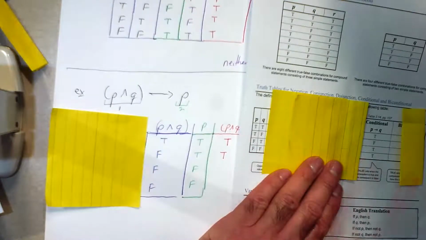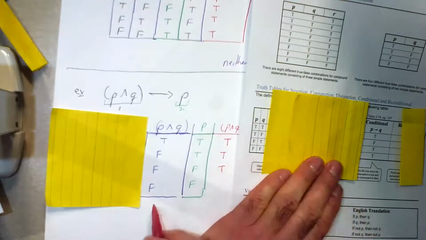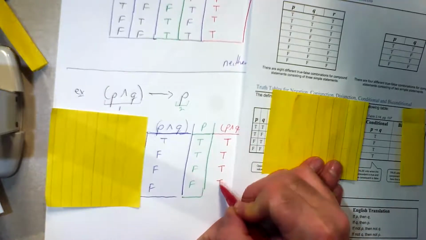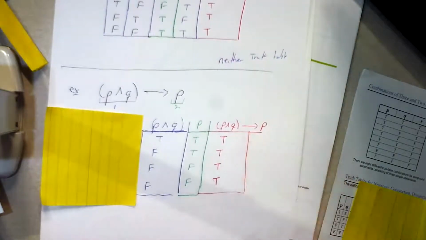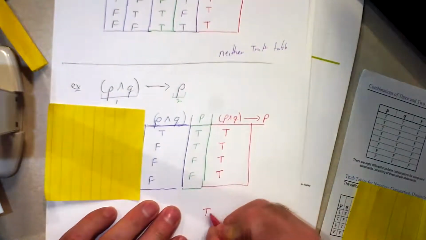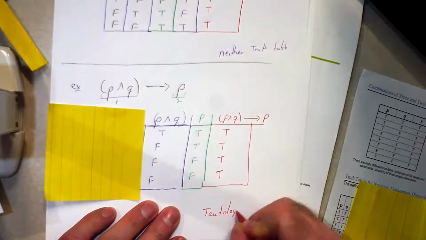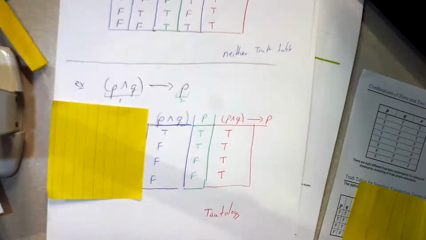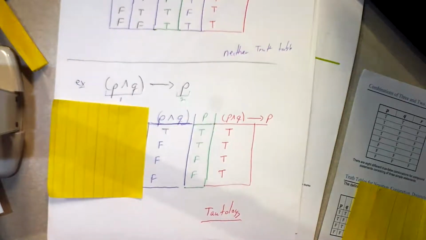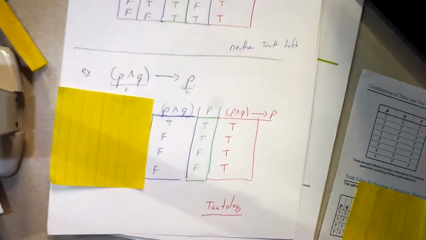That's equal to T. Oh, look at that. Look at my answers. My answers all came out to true. What does that mean? It is a tautology. Yes, we have a tautology. Everything came out to be true. Interesting.